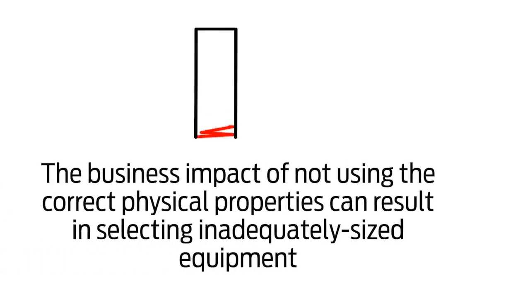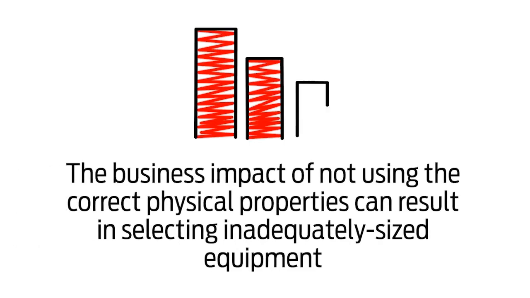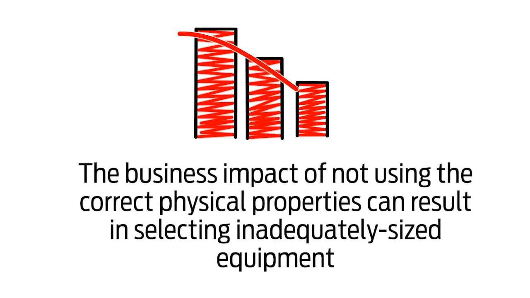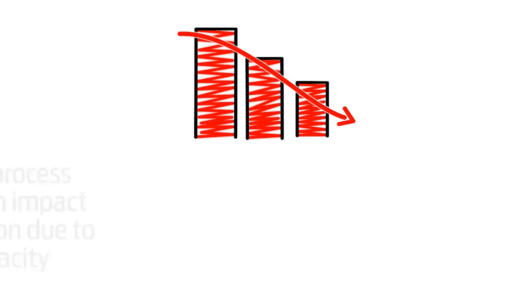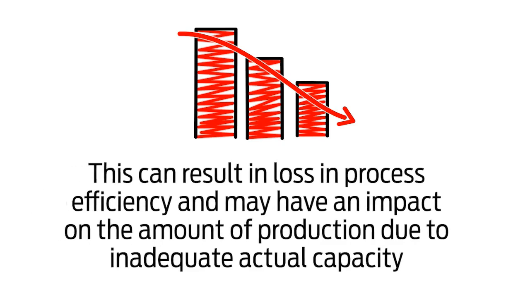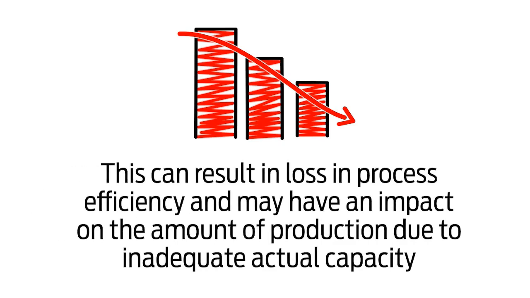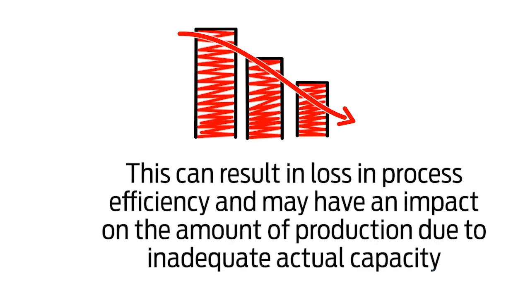The business impact of not using the correct physical properties in equipment selection can result in selecting an inadequately sized separator or compressor, for example. This can result in loss in process efficiency and may have an impact on the amount of production that the facility can process due to inadequate actual capacity.